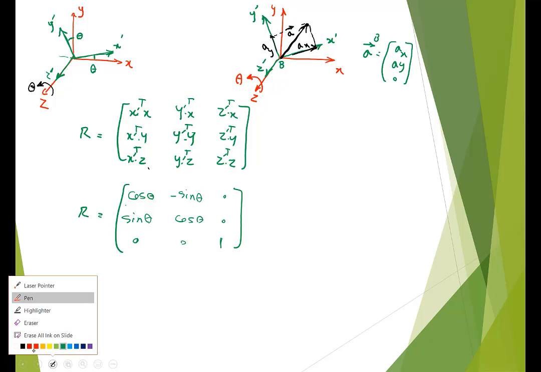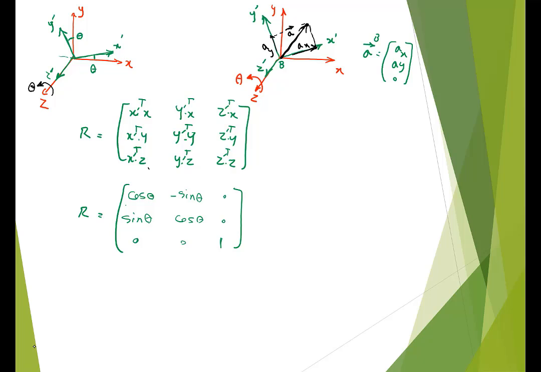Now let's see what A is in the original not rotated frame, frame A. The X component of A in frame A, what is it?